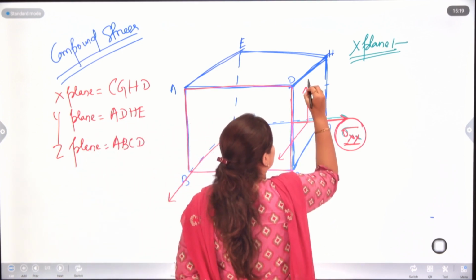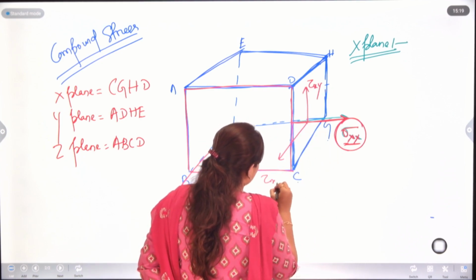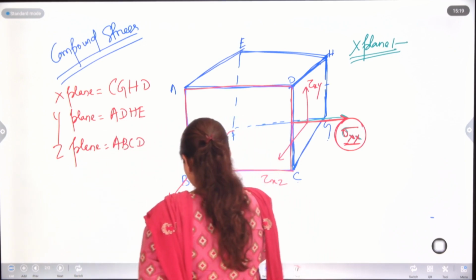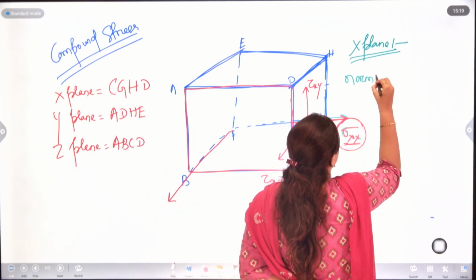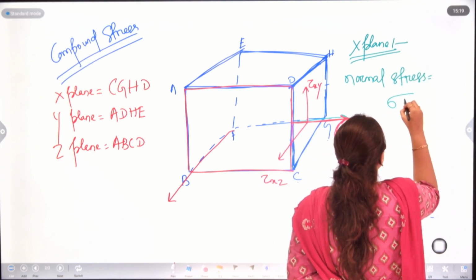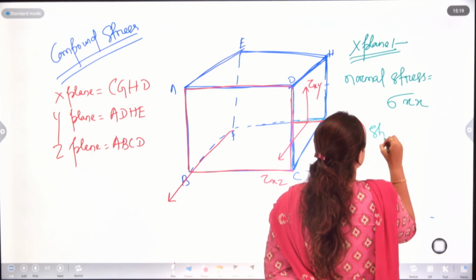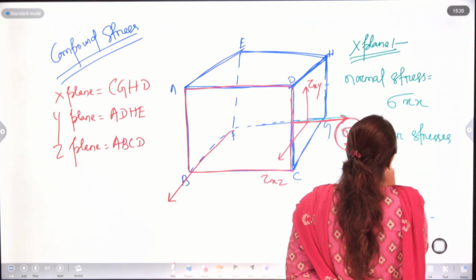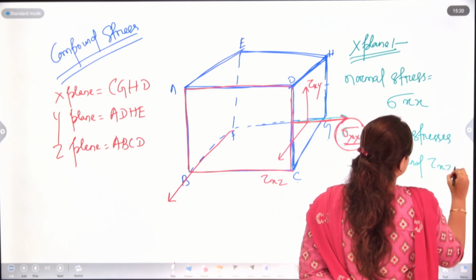We name them tau xy and tau xz. So, in the x plane, we have the normal stress as sigma xx and our shear stresses as tau xy and tau xz.